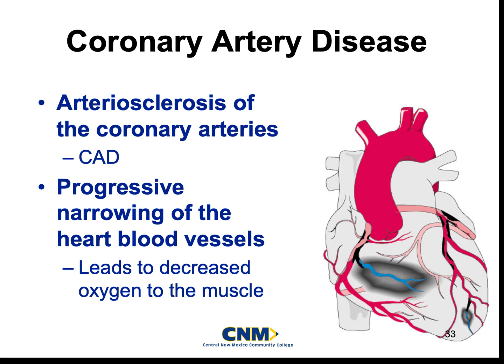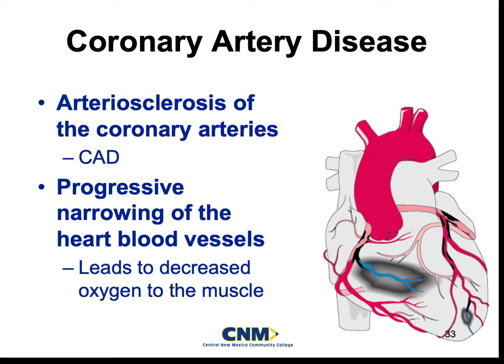So arteriosclerosis of the coronary arteries, again, leads to coronary artery disease. It's the plaque and fat buildup, and it progressively starts to narrow the actual heart blood vessels, and this leads to deoxygenation, or decreased oxygen to that muscle. If we have decreased oxygen to that muscle, that area is going to start to die off.